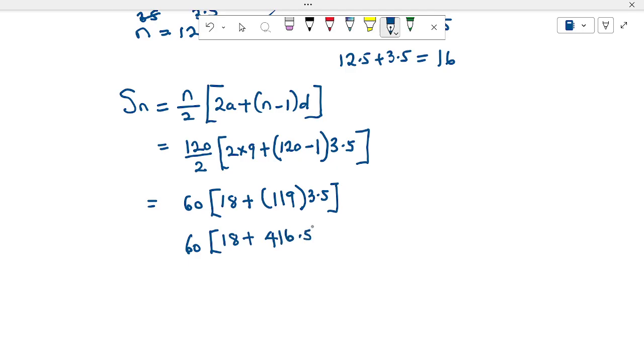So we have 60 into 18 plus 416.5. Add it up with 18. You have 60 into 434.5. Multiply that by 60.